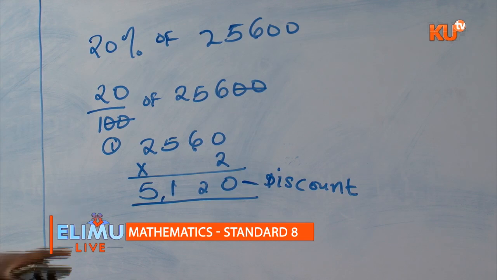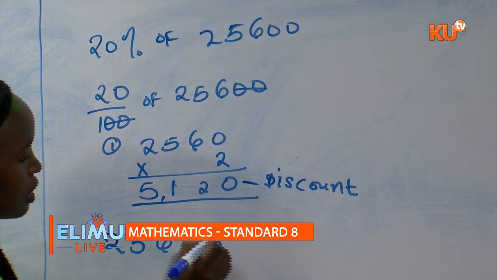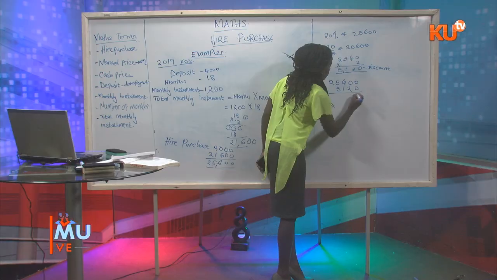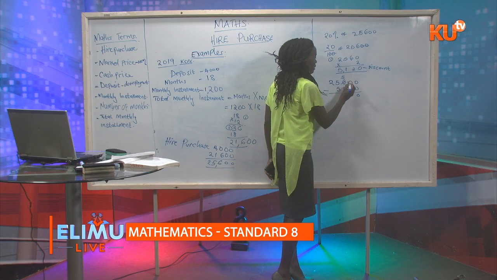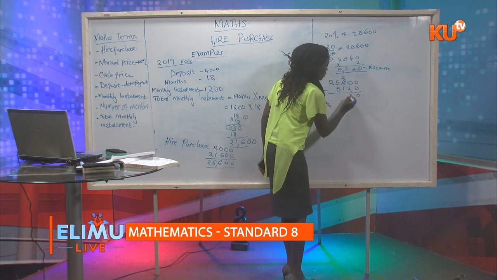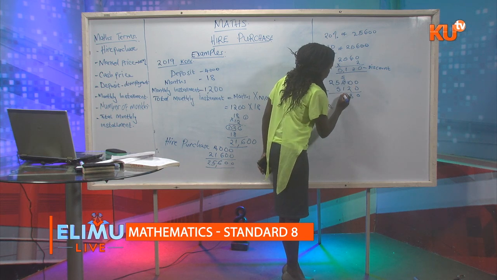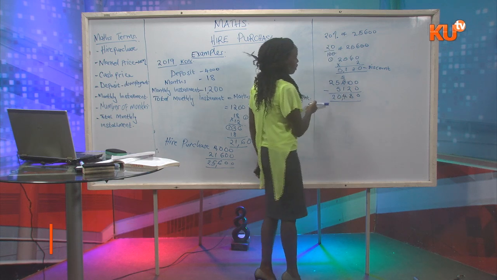So we subtract from the hire purchase to get the amount that she paid on cash. 25,600 minus 5,120. We borrow 1 here, we remain with 5. 10 minus 2 is 8. 5 minus 1 is 4. So we get 20,480.